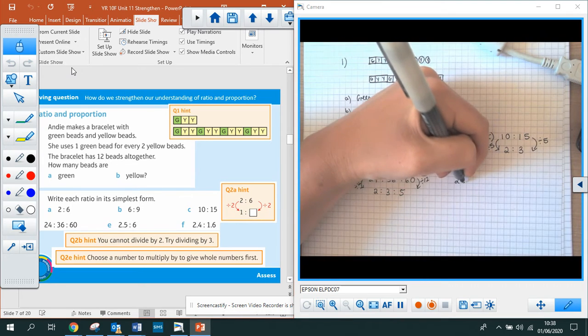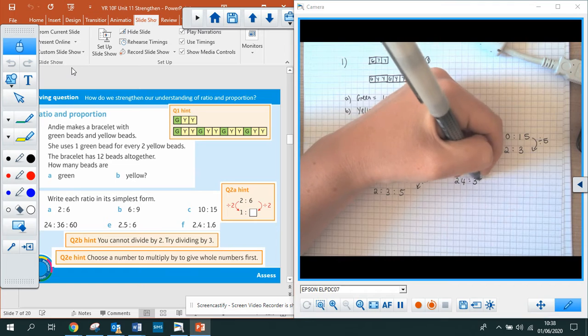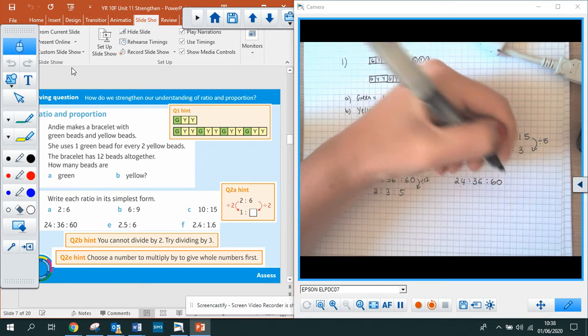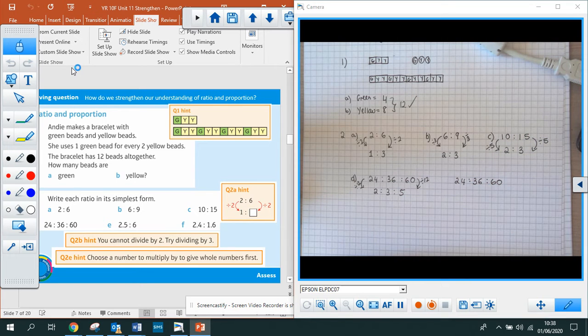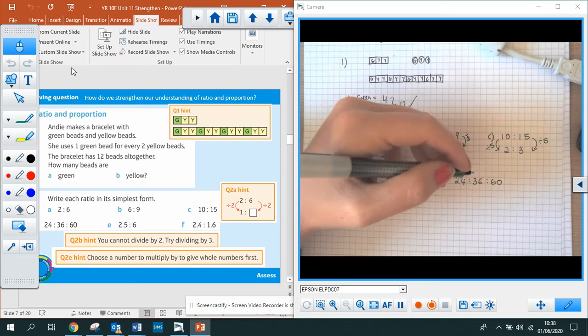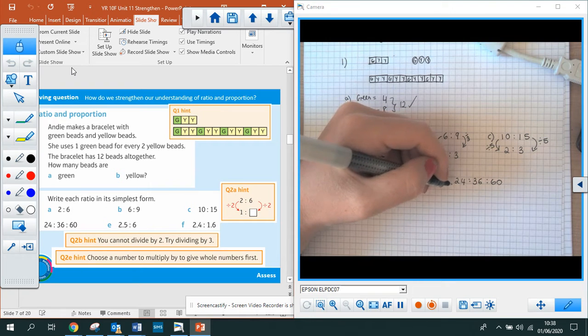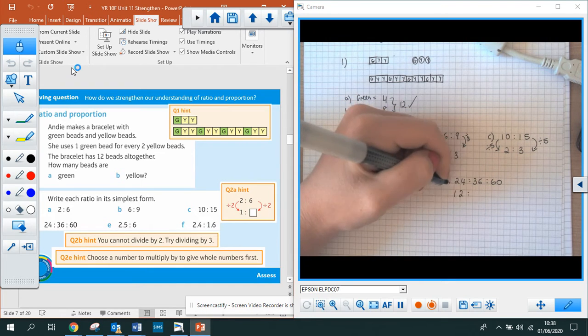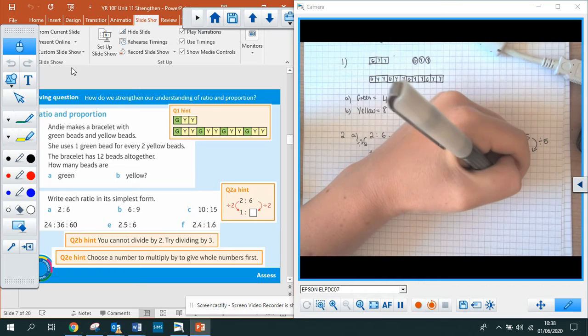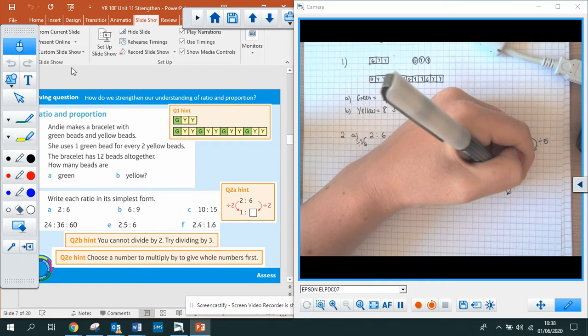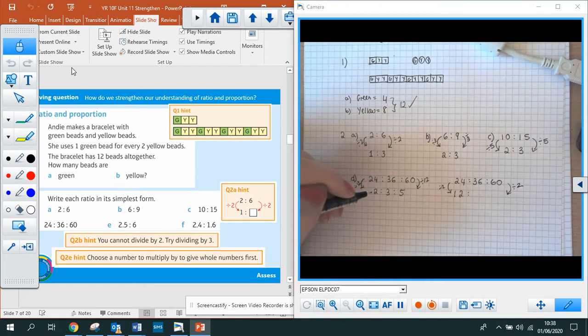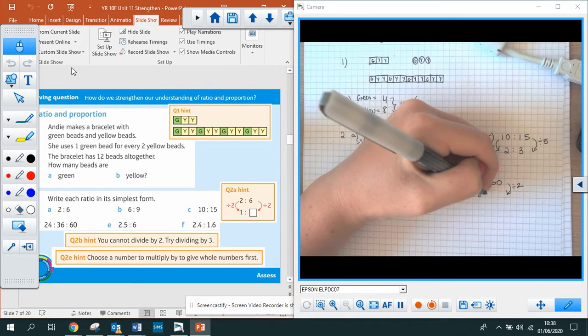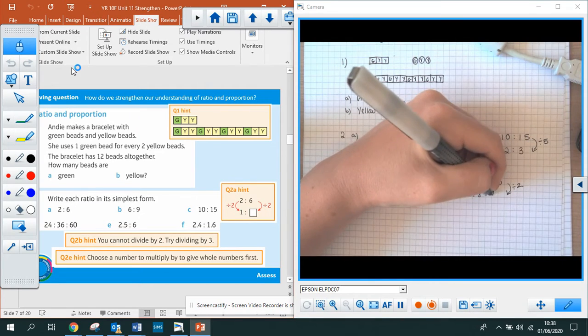If you didn't do that and you used 2 instead, I'll show you how we'll do that now. Okay? You may have also used 6. You can check your answer for that one, okay? So 24 divided by 2 is 12. 36 divided by 2 is 18. 60 divided by 2 is 30.